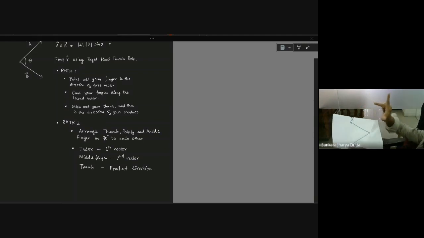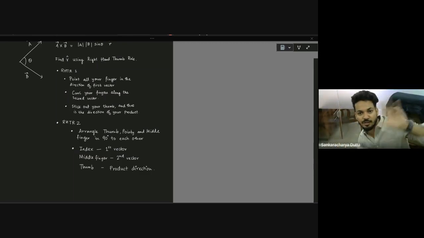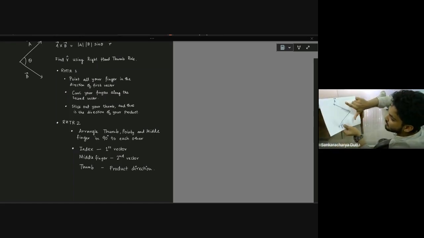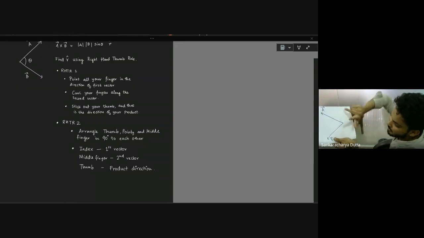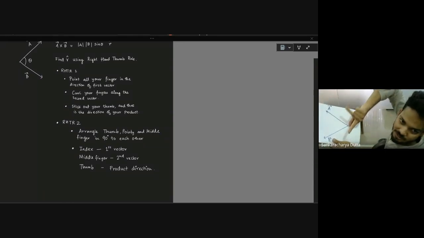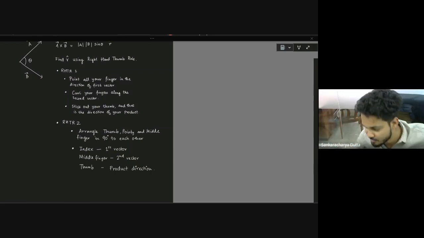Keeping this orientation the same, do whatever you want, but this orientation should not change, and this hand should not change. Should not be using the left hand under any circumstances. So you go A cross B like this, coming out of the plane, and B cross A should be like this, going into the plane. I hope this makes sense.